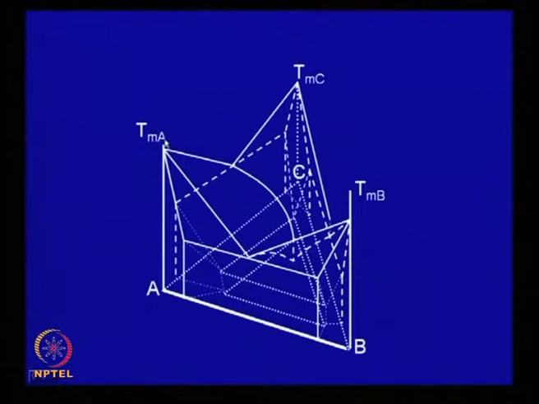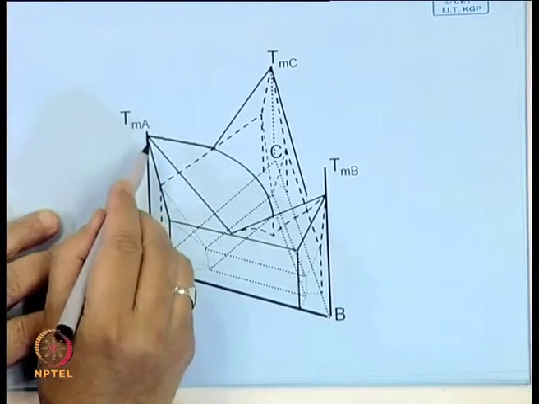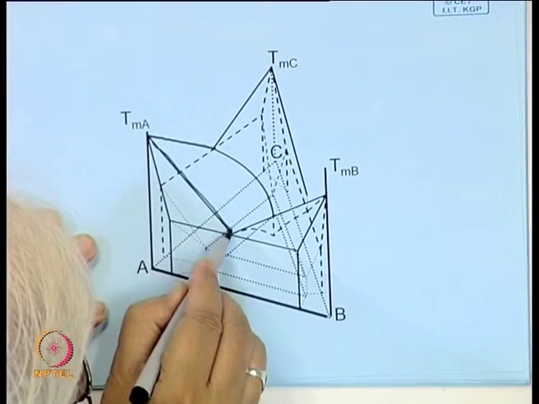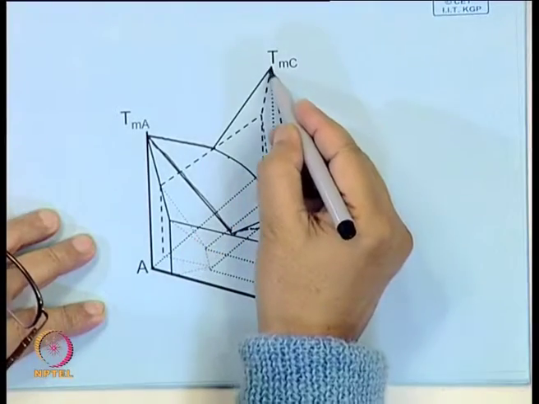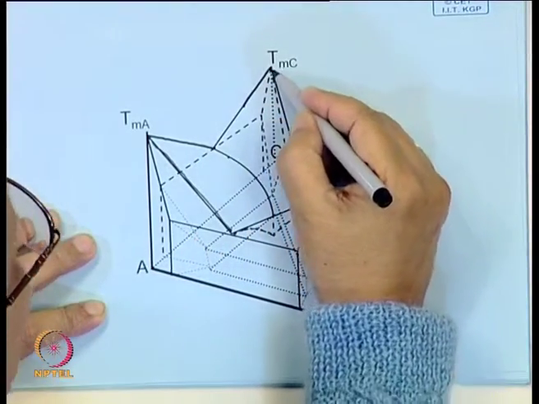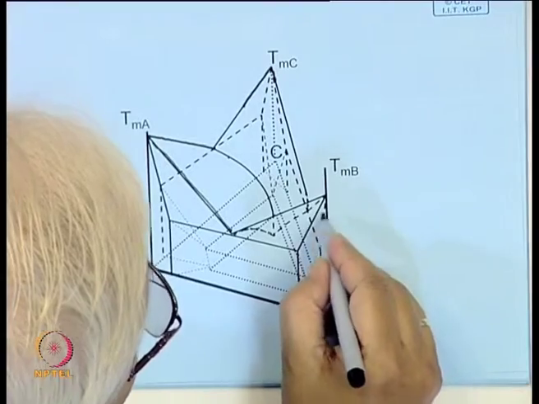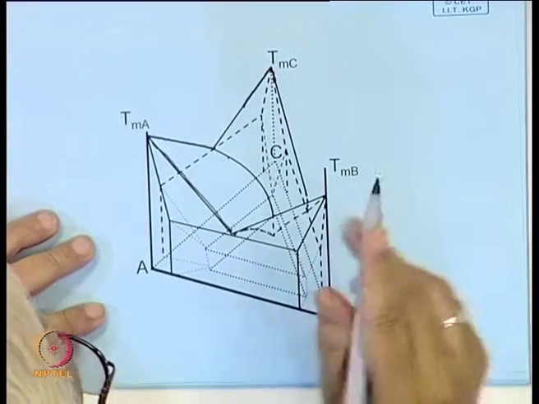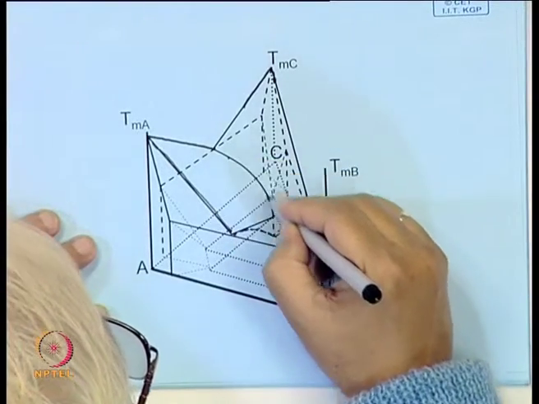This line is TMA, the melting point of A. This is the liquidus surface, and similarly there will be another one.